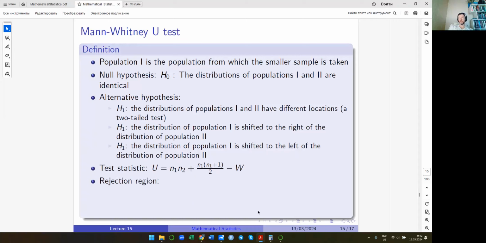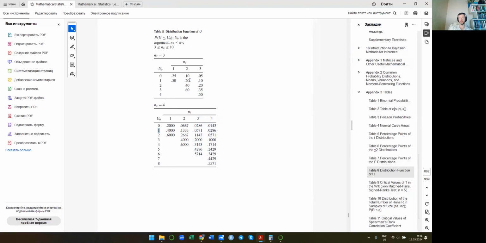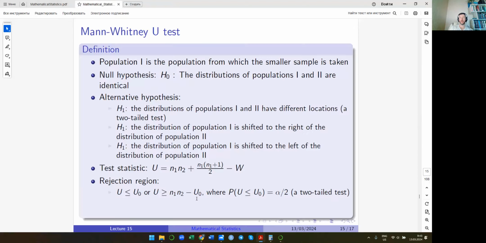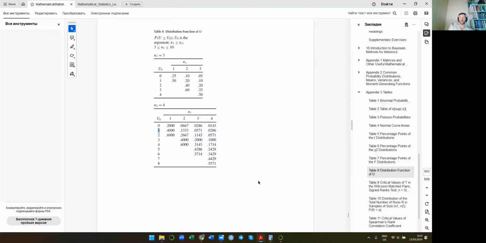And the rejection region. Depending on the alternative, the rejection region is either values of U that are less than U0 or values of U that are greater than n1 times n2 minus U0, where this U0 is taken from the table as I showed you. So we have to take such U0 that the distribution function equals alpha over 2. Here, for example, if we tested the two-sided alternative and alpha was taken as 5%, 5 over 2 is 2.5.